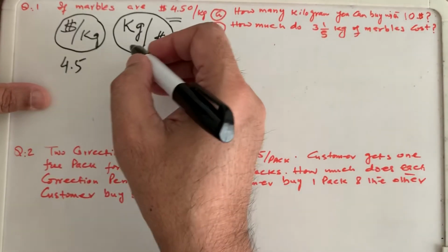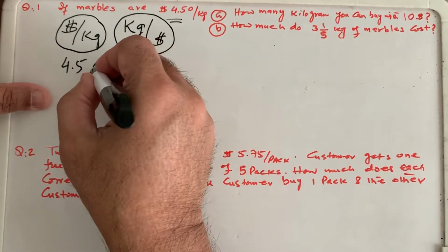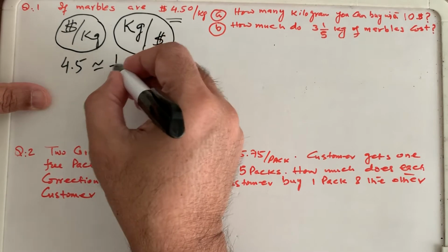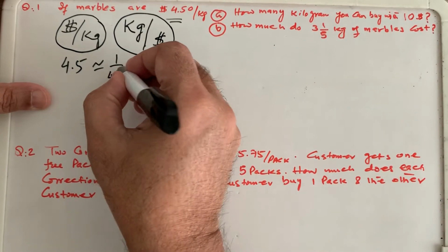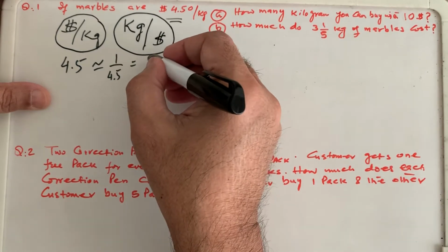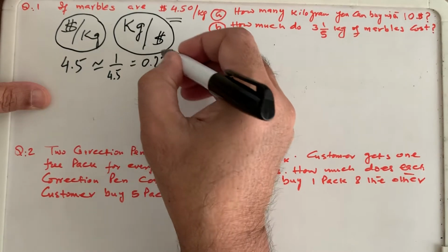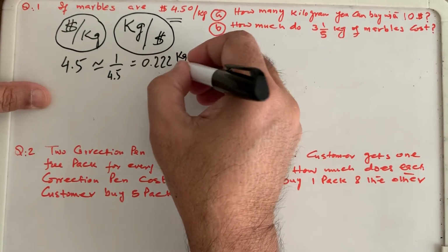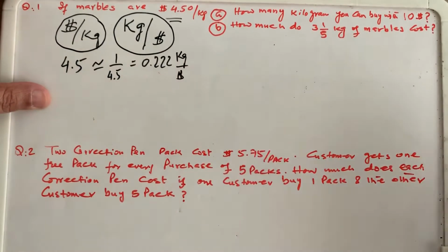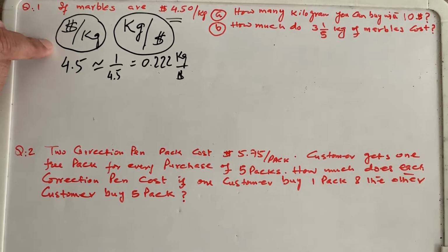The other way around is kilogram per dollar. So you have to take the reciprocal of 4.5, 1/4.5, and that will give you a factor for kilogram per dollar. That factor will be 0.222 kilograms per dollar.